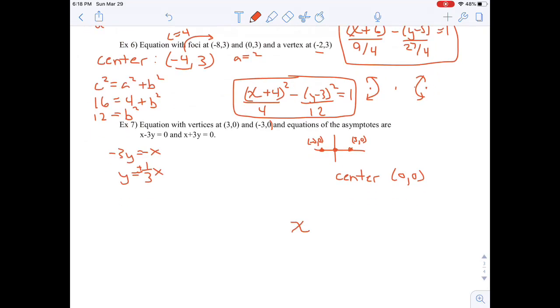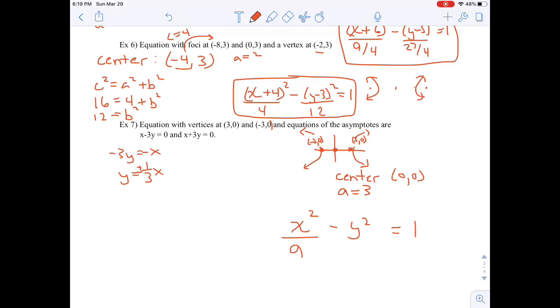So we can go ahead and get our x squared minus y squared, because we're going to be opening as a horizontal hyperbola. To get to those vertices, I had to go 3, so that makes A equal 3. So A squared would be 9. Again, we're always equal to 1.